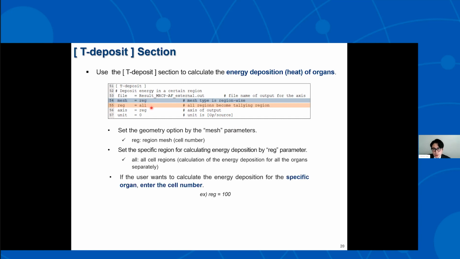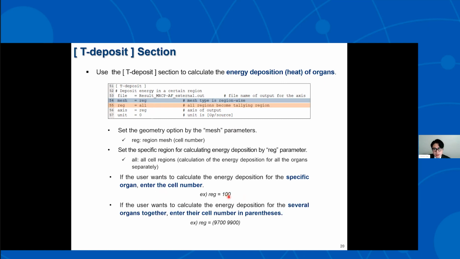If the users want to calculate the result for a specific organ, the corresponding cell number should be entered in the reg parameter. And if the users want to calculate the result for several organs together, their cell numbers should be entered in the parentheses.